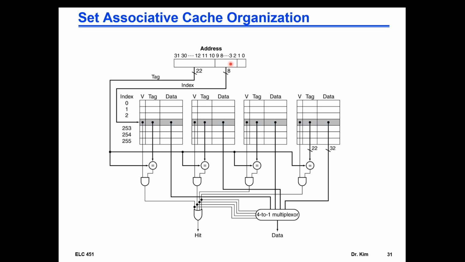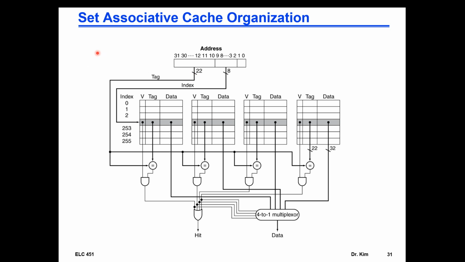I would have more index bits and fewer tag bits. If I wanted two-way set associative, because remember this is 4-way, this would be twice as long, and this 2 would not be here. So this would go from 0 to 511, and I would need 9 bits for the index, and I would have 21 for the tag.